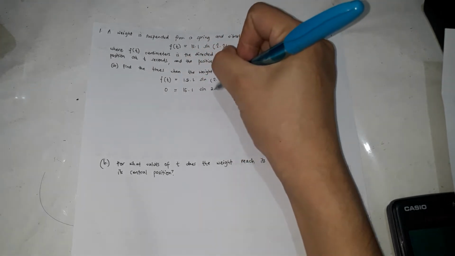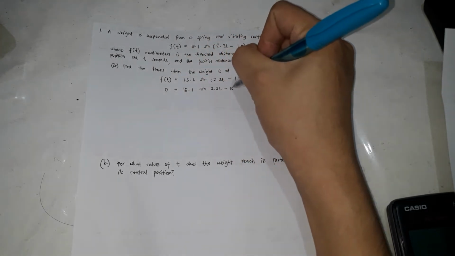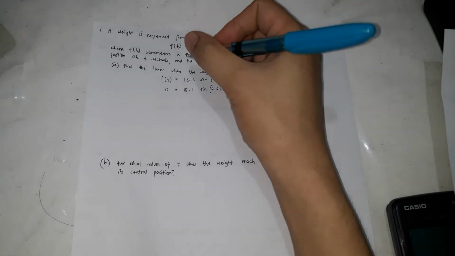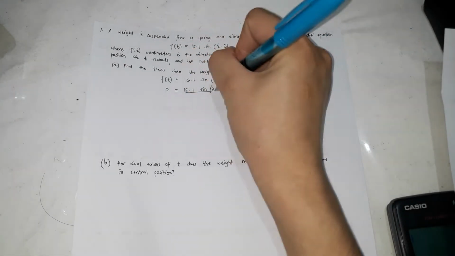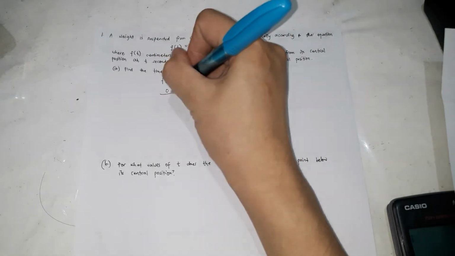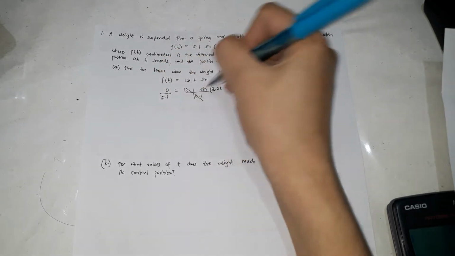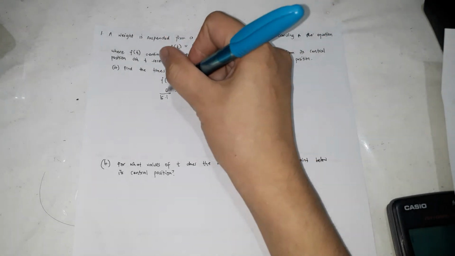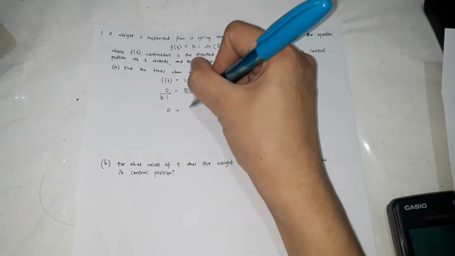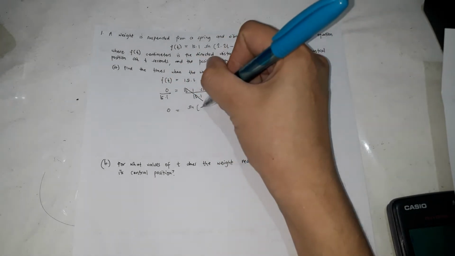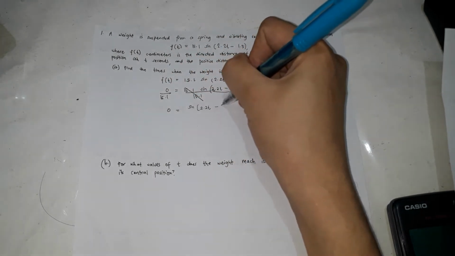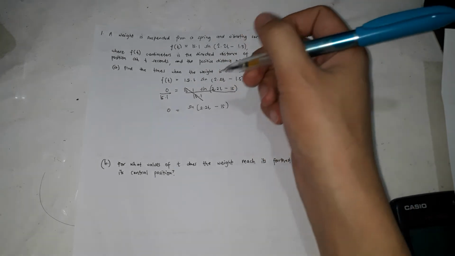Sine (2.2t minus 1.5). If we divide both sides by 15.1, we could cancel this out, and this would be 0 is equal to sine (2.2t minus 1.5).